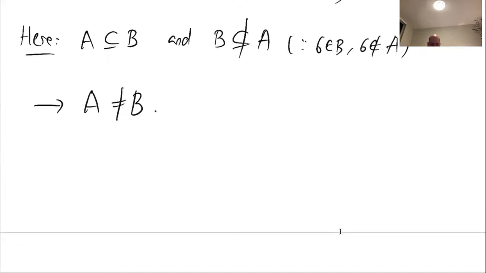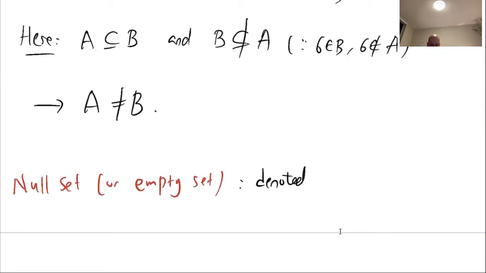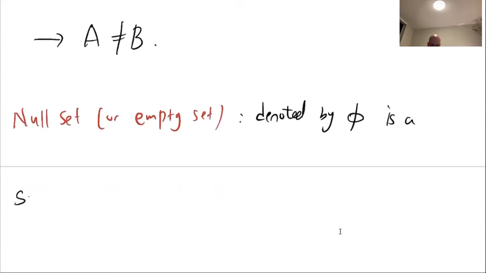Okay, so another thing we want to look at: a null set or empty set, denoted by phi, is a set containing no element.